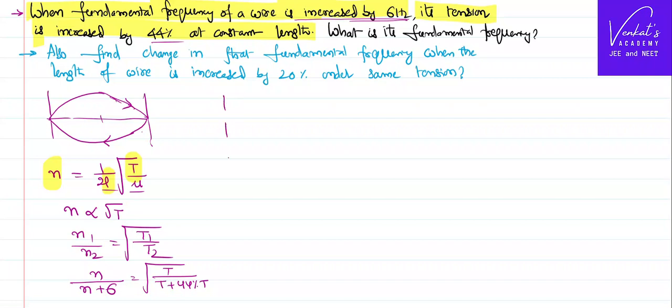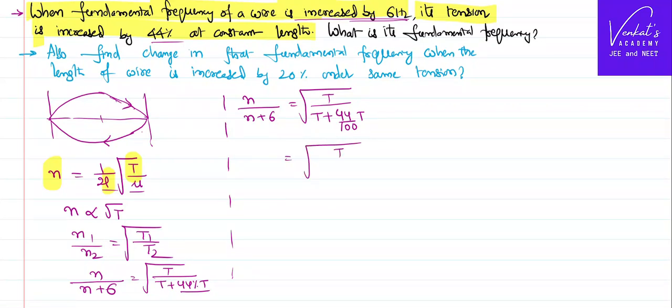So N by N plus 6 is equal to square root of T by T plus 44%. To convert any percent into a number, I divide by 100. That is T plus 44 by 100, which is 0.44 times T. So the numerator is T, the denominator is T plus 0.44 T, that is 1.44 times T.